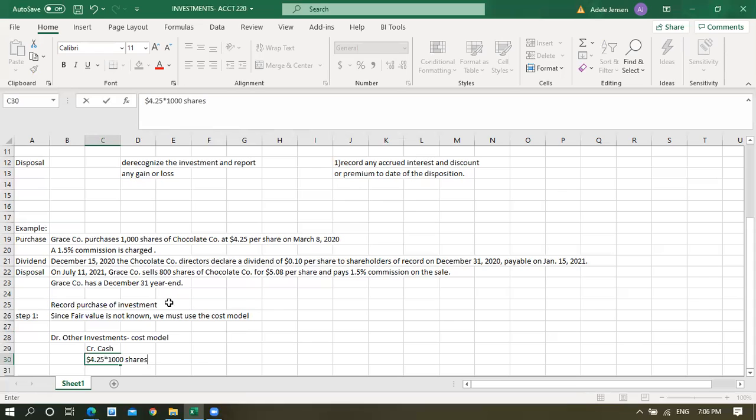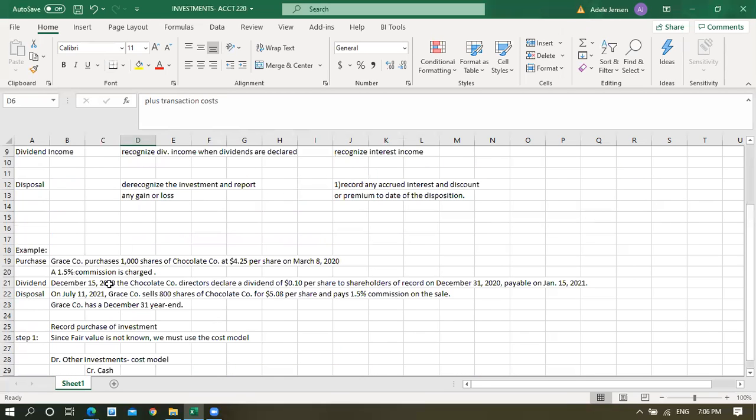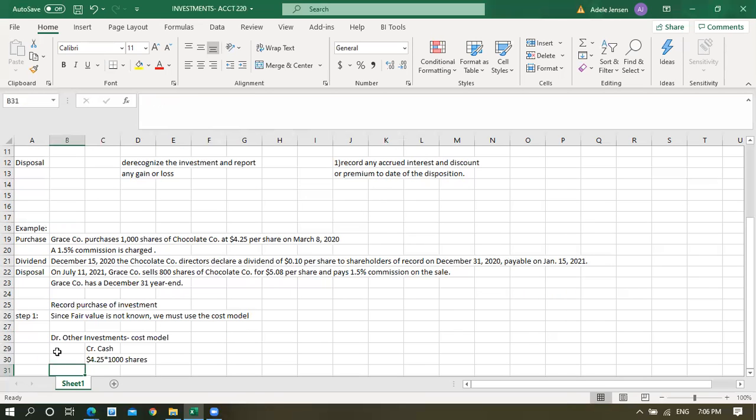Okay, so that's the actual purchase price. Now remember, we also need to add in the transaction costs. So in this case, we had to pay a 1.5% commission on that. So we will have to multiply this by 1.5%, which actually translates to 0.015.